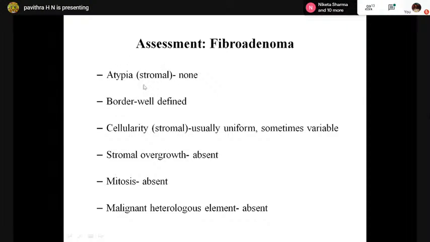So stromal atypia will not be there in fibroadenoma. Borders will be well defined. C is cellularity. You look for stromal cellularity, which is uniform. Sometimes it can be variable, but it will not generally be hypercellular, and stromal overgrowth will be absent. Mitosis absent, and malignant heterologous elements will be absent.